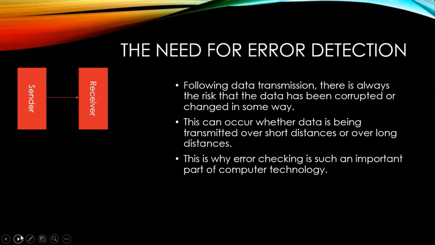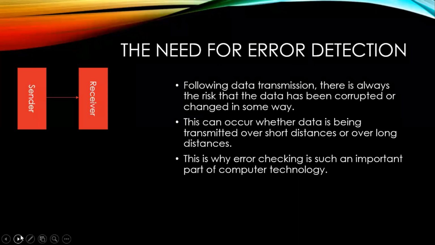Errors may happen, maybe a few bits may be changed, or there are transmission errors like we have seen when data is transmitted through light pulses or radio waves. So there is a need for error checking, which is very important, and in this lesson we're going to learn about the different methods of error detection.